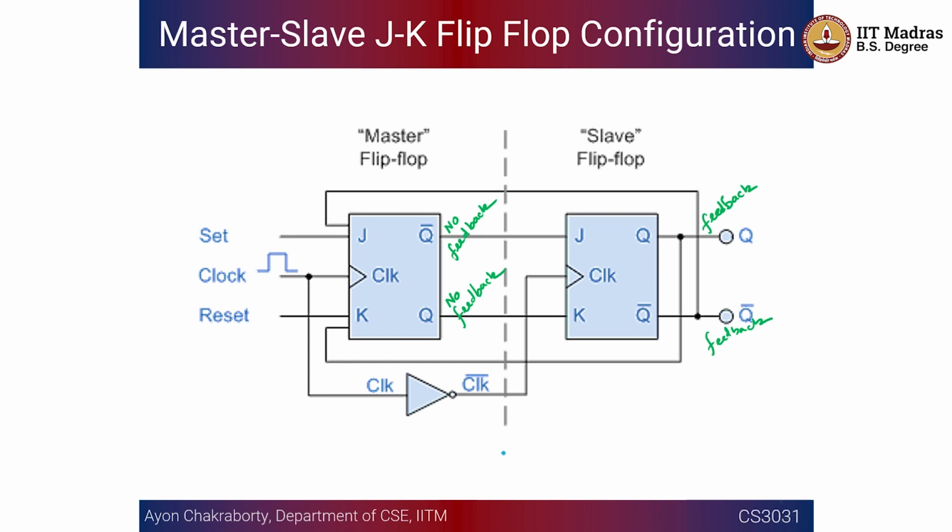Because I am only concentrating on the edge, okay, edge of the triggering pulse. Okay, so it doesn't matter whether your clock looks like this or the clock is very, very narrow or the clock is very, very wide, right? So this is your clock input.